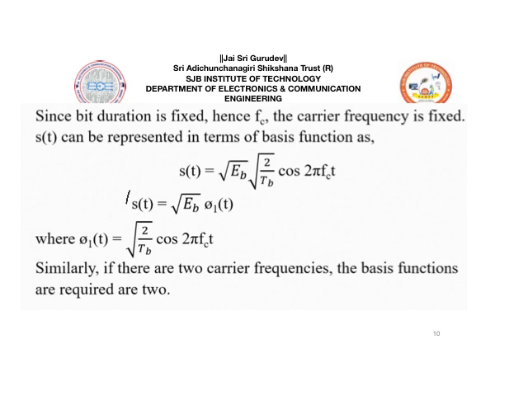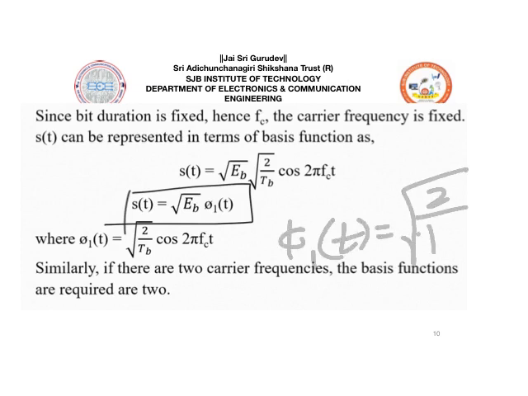It is S of t is equal to square root of Eb into pi 1 of t, and pi 1 of t can be written as square root of 2 by Tb cos of 2 pi fct. This is the basis function. This is very important because these are the expressions that we need to consider again in the mathematical analysis of different types of digital modulation techniques.